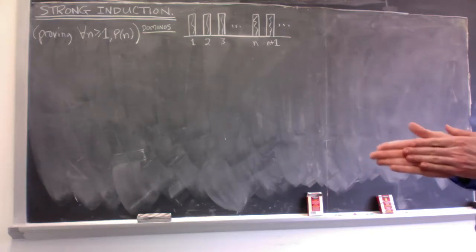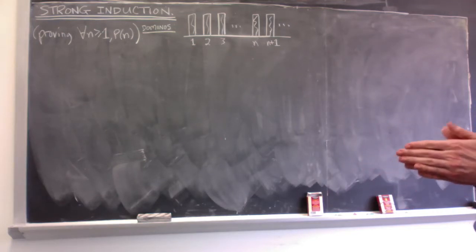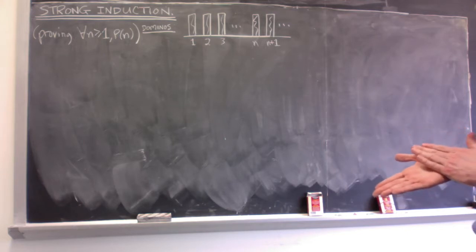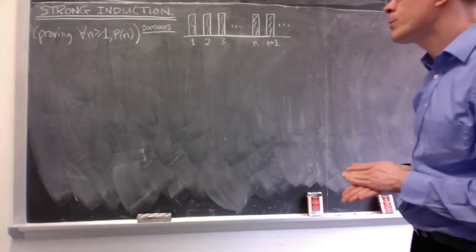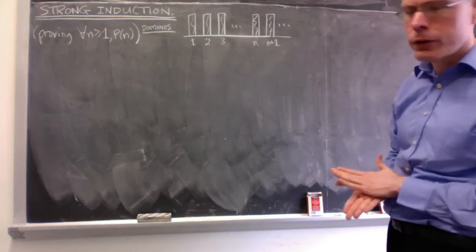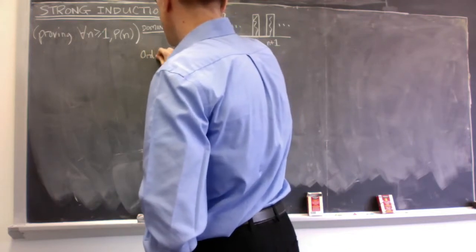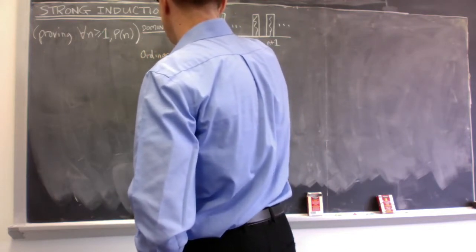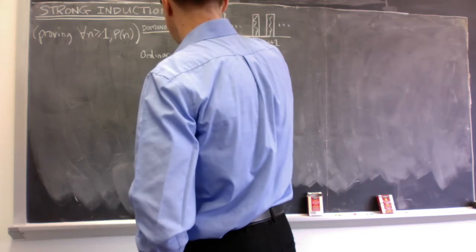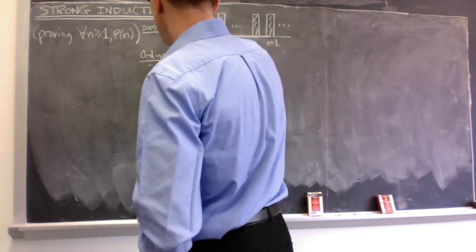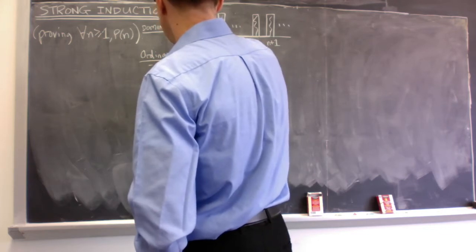And before I get into the details of what we do formally, let's go back to this domino picture that we saw before that gave us some intuition for ordinary induction. Just recall, in ordinary induction, you prove P of 1, you do the base case.